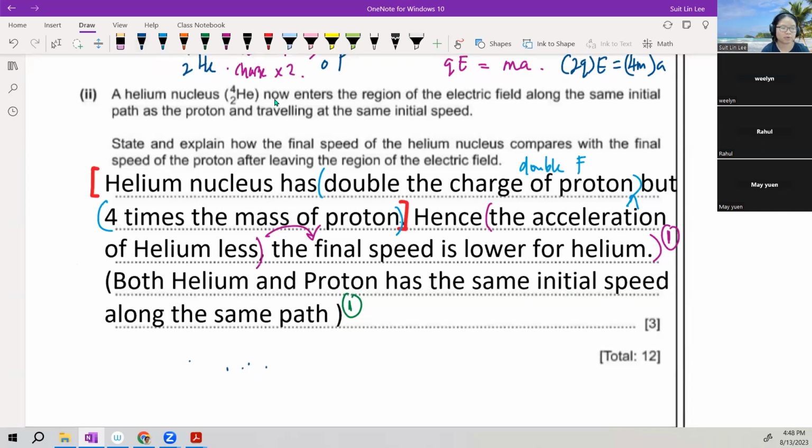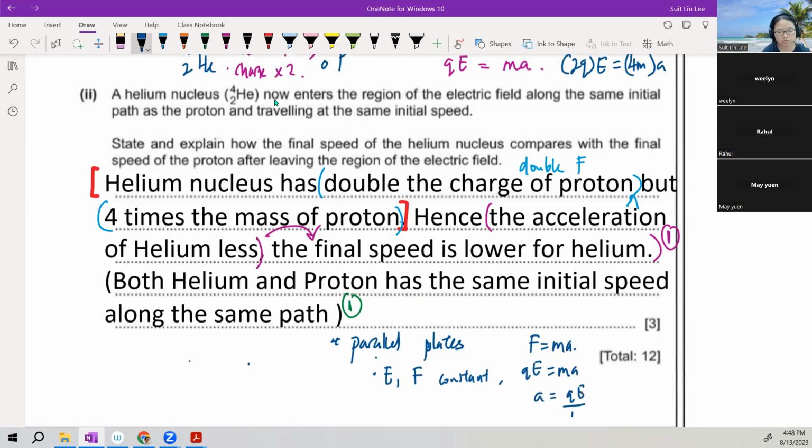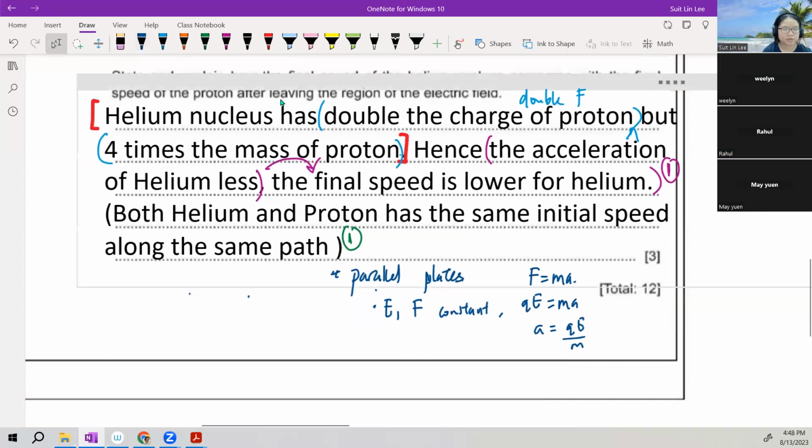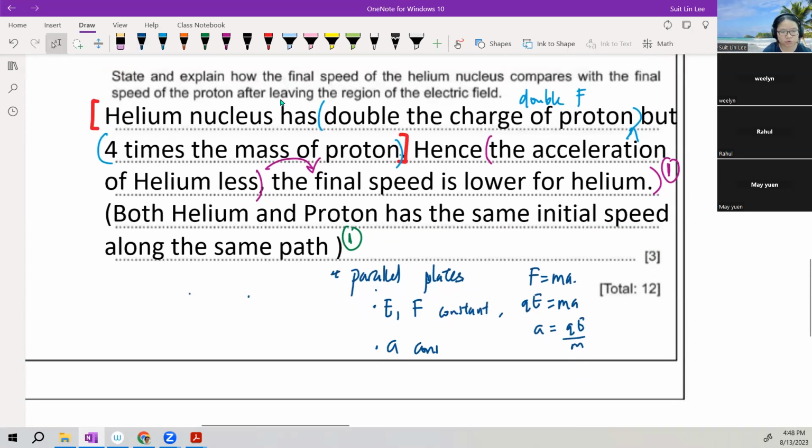So a heads up here for parallel plates. They can ask you to calculate. They won't, because using the equation is already tested in AS, but they can. Or I wouldn't say they won't, I would say it's unlikely. But for parallel plates, because E and F are constant, you can use the equation I used just now. F is MA, QE is MA, so A is equal to QE over M. But because F is constant, A is also constant.